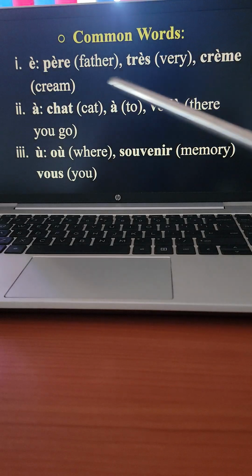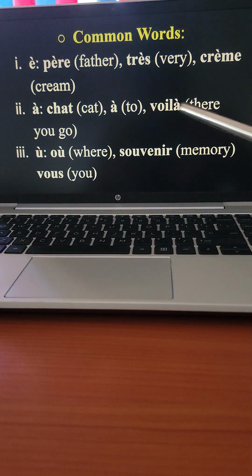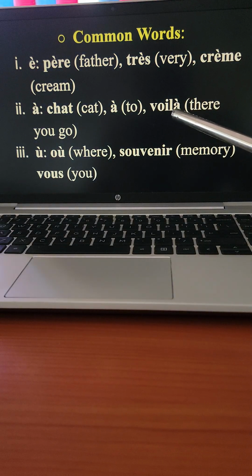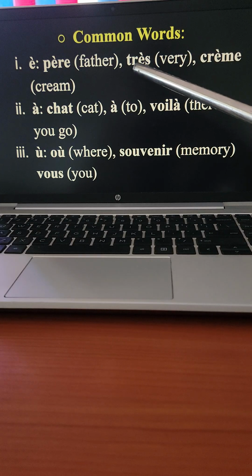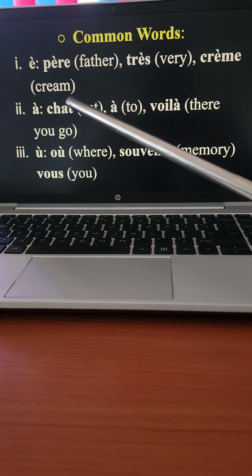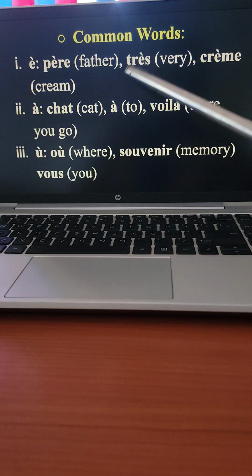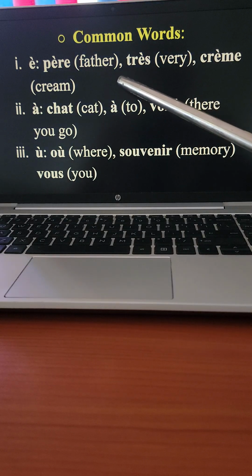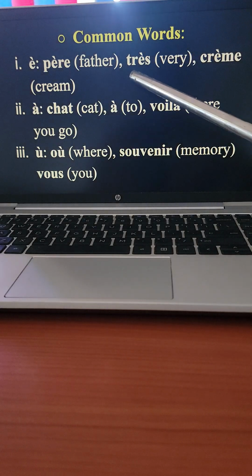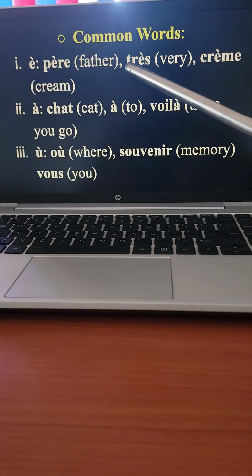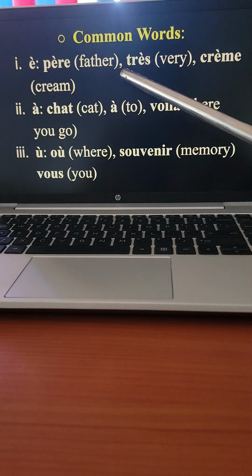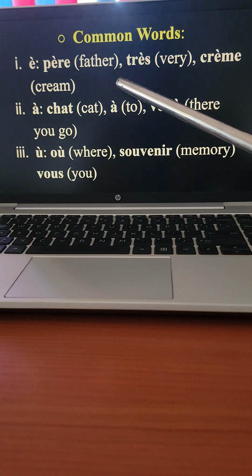Crème, père, mère, voilà. You cannot put the accent aigu going up. You'll not be able to pronounce those words. So be careful. You need to know when to put that accent and how to put it and the meaning.